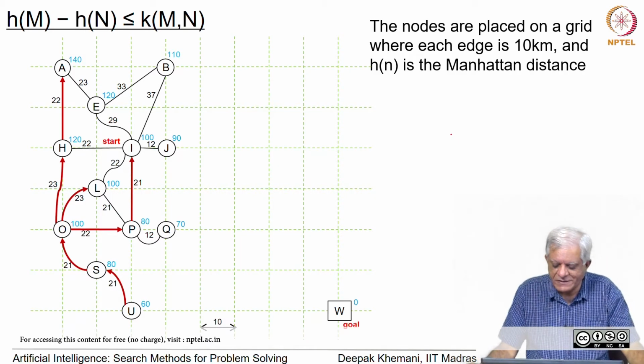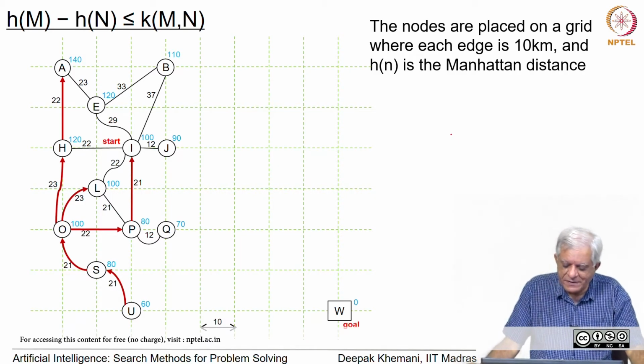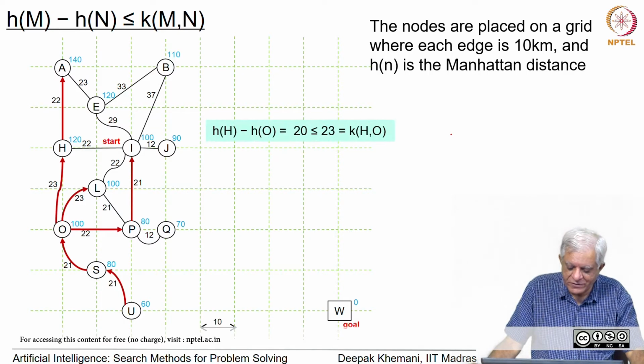So, let us just inspect some edges here and see what is happening with the h values. Remember that the heuristic function we are using is the Manhattan distance, which is basically like a city block distance. It is essentially how many steps you move right and how many steps you move down or up, as the case may be, and that is the estimate of heuristic distance.